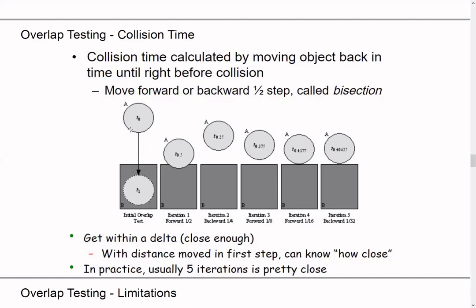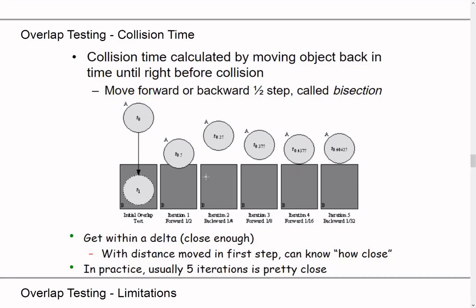So after the initial overlap over here, we go forward by 1 over 2, by half a step, which is called a bisection. We move forward, then we come backward by 1 over 4th of a distance. Then again, we go forward by 1 over 8th, then again by 1 over 16th, and then we come backwards again by 1 over 32.